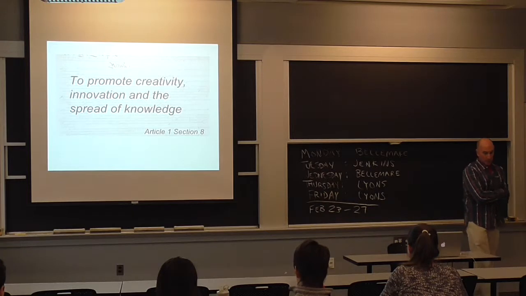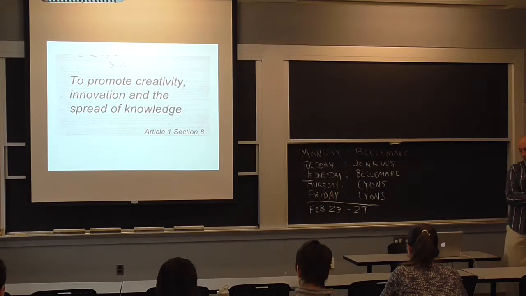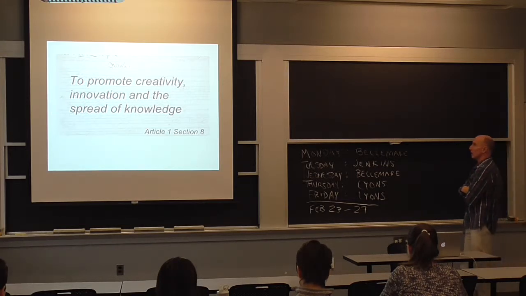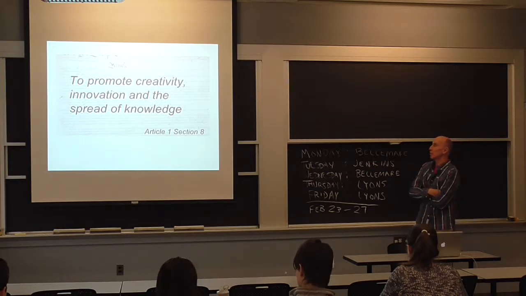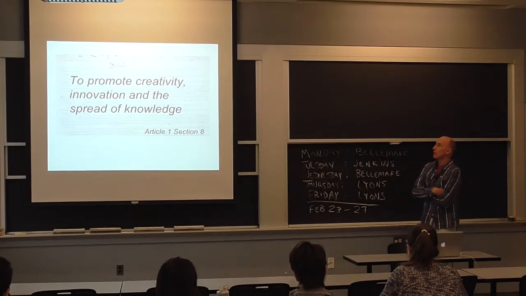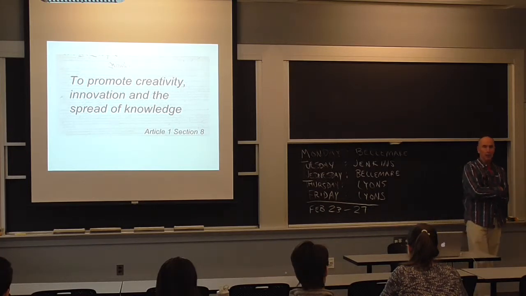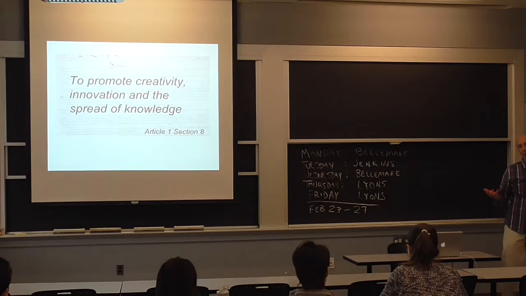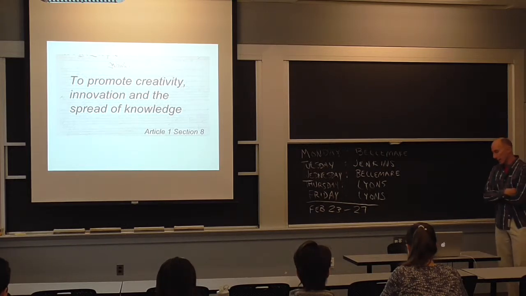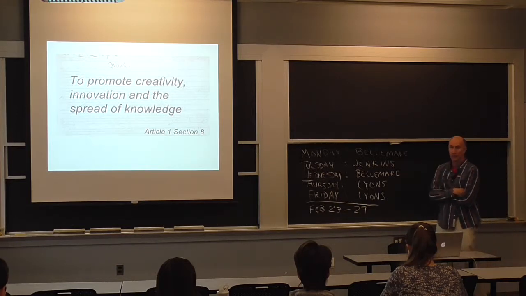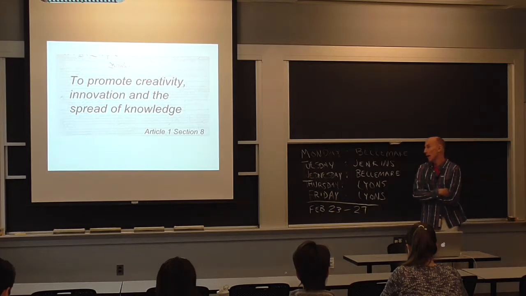Generally, as we discussed earlier, and as Ben Franklin and the other framers were concerned, the purpose of copyrights, trademarks, and patents is to promote creativity, innovation, and the spread of knowledge. And how we do that, and the tension between that and the rights of commercial and intellectual property owners, is the tension that we're always wrestling with in copyright, trademark, and patent law.